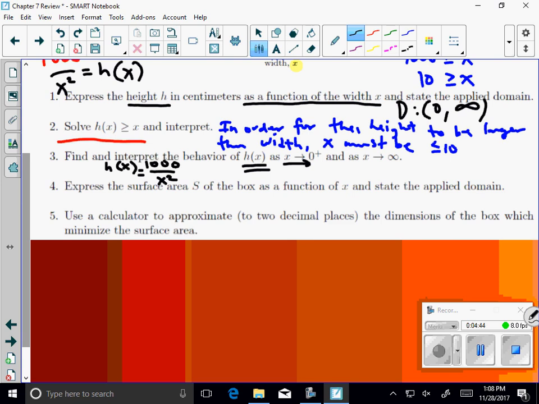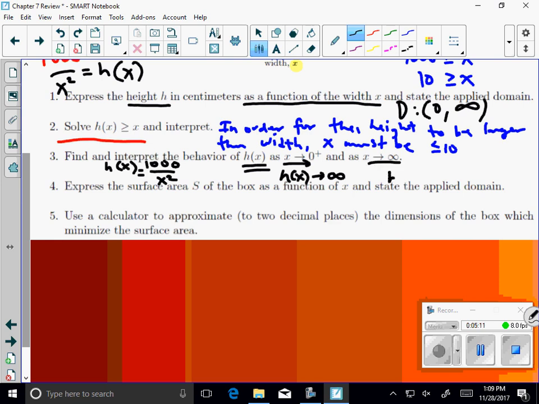The box starts to get smaller at the base. What would have to change with the height? It has to get larger, right? So as x approaches 0, h of x would approach what? Infinity. So as x gets smaller, height would get larger. What if x got larger?